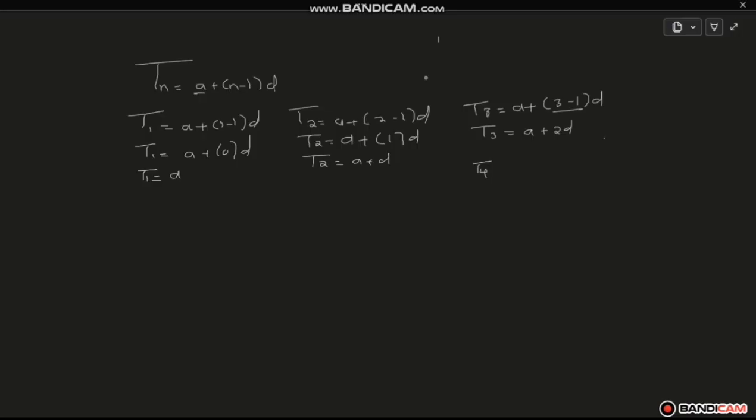Therefore T4, I think we'll end here: a plus 4 minus 1 d. Therefore T4 equals a plus 3d. If we were asked to find T100, it will be a plus 99d. T500 equals a plus 499d. T10, a plus 9d. T30, a plus 29d.